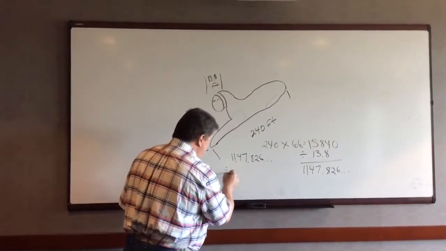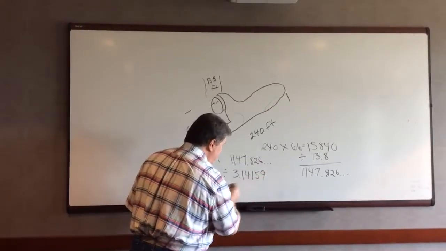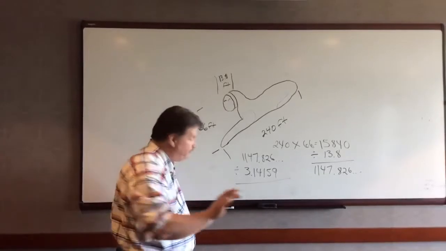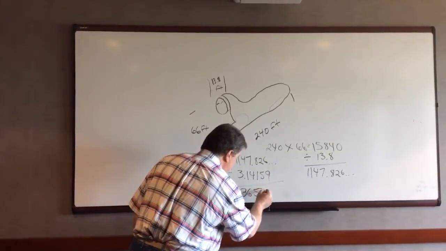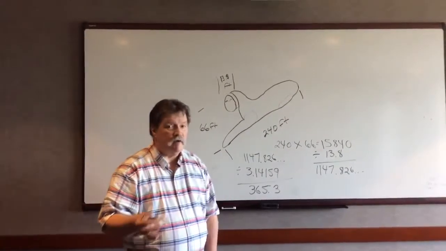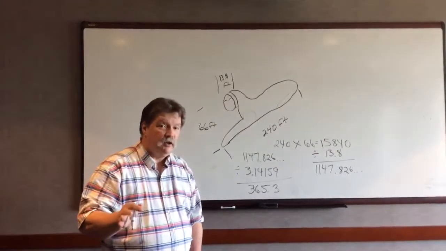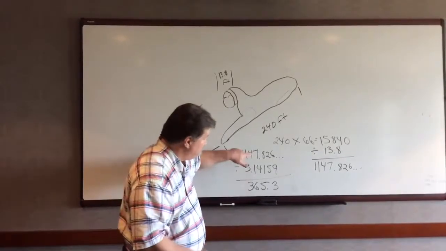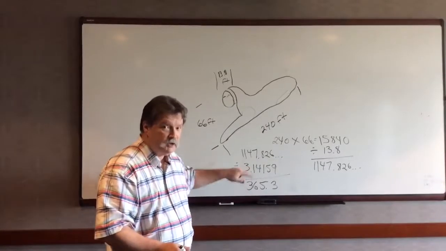And if we divide it by 3.14159, are you ready for this? Wait for it. .365. Now I've rounded the next number off. Days of the year. Well, mathematically, I knew then if I took this same number and divided it by the number of days in the year, I should get pi.